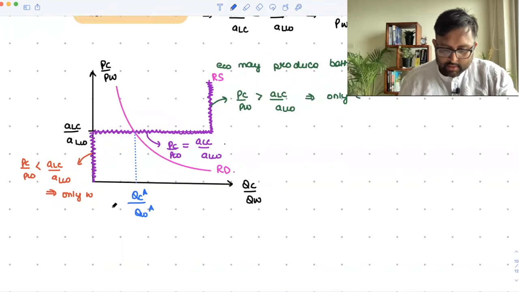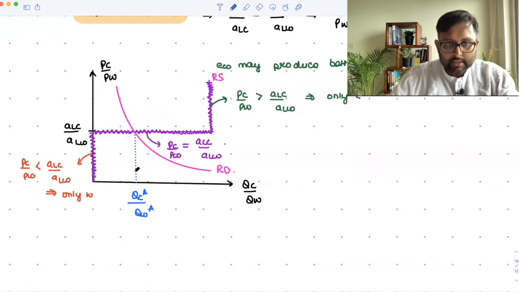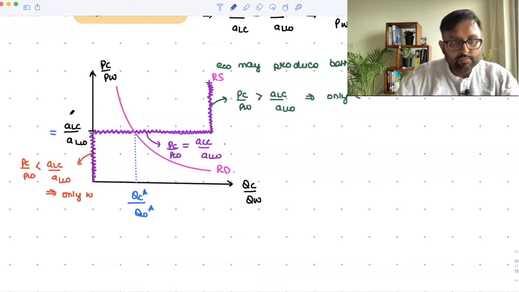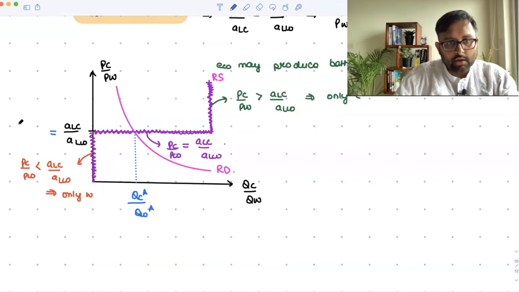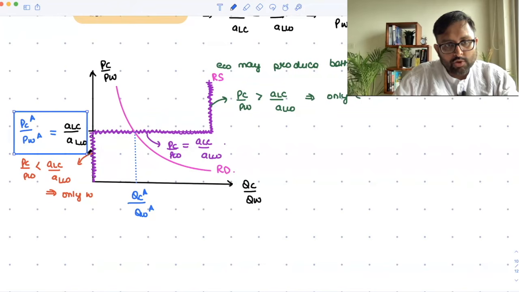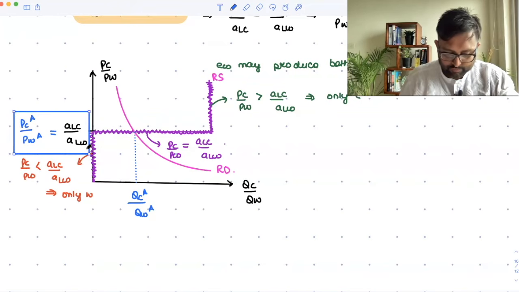So the equilibrium relative price of cheese is going to be equal to, and A is for the autarky, the opportunity cost of cheese in autarky.